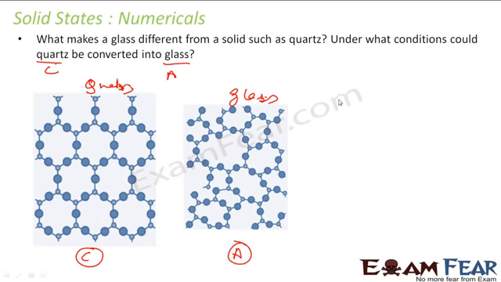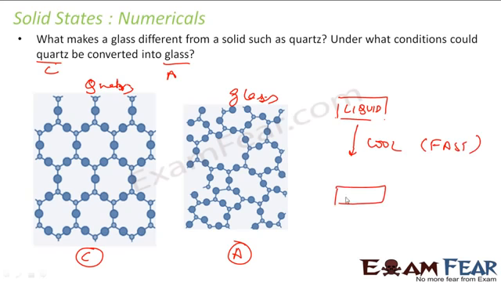But if you heat something to a molten, liquid state and cool it immediately, cool fast, you get a solid. In this case the constituent particles solidify, but they won't get time to rearrange in the best way.